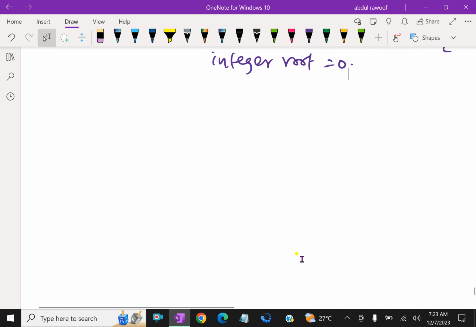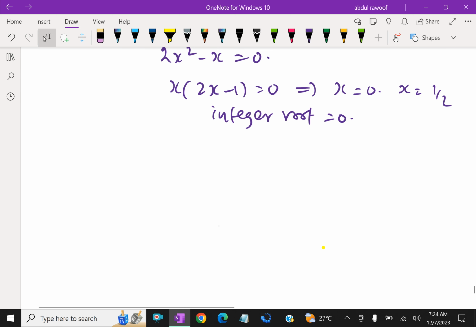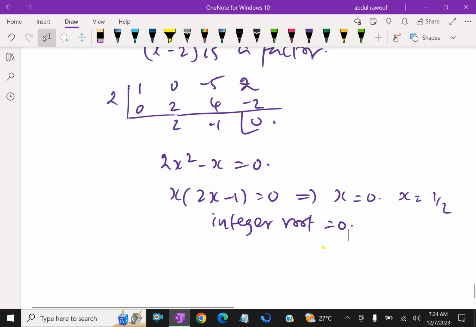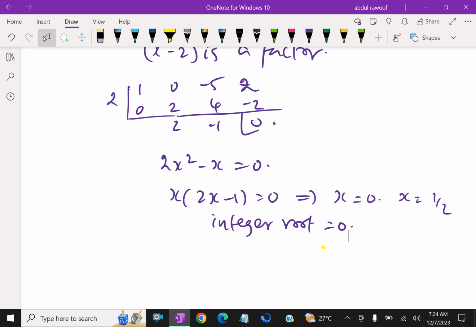Besides the other integer root, we can also find the other real roots. Find the real roots. There is some mistake here.